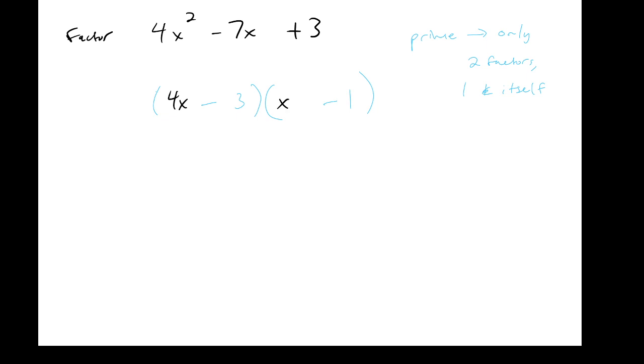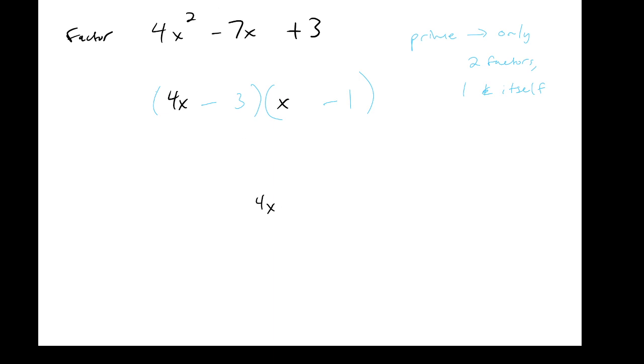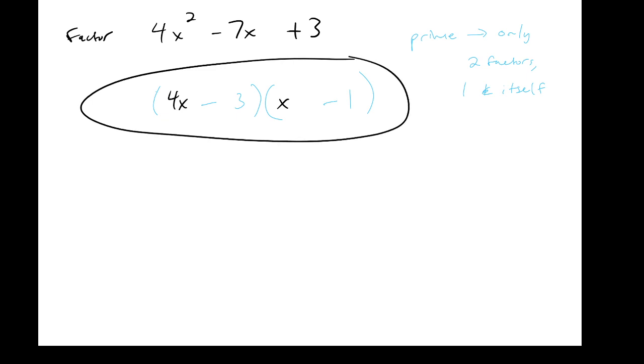Sometimes we get lucky. Product, negative 3x. Product, negative 4x. That outer and inner has a sum of negative 7x. We just lucked ourselves into the correct answer by the way we set it up right there, okay? Kind of lucky.